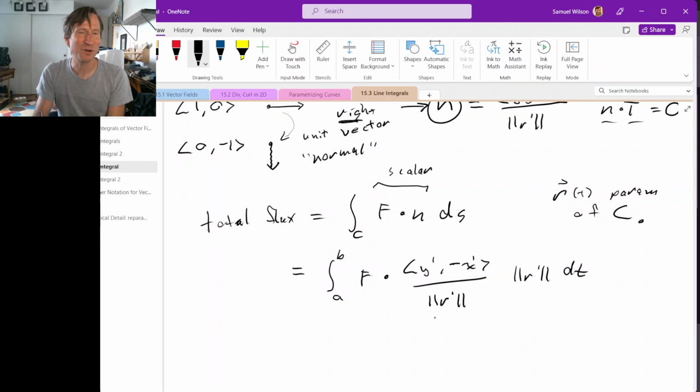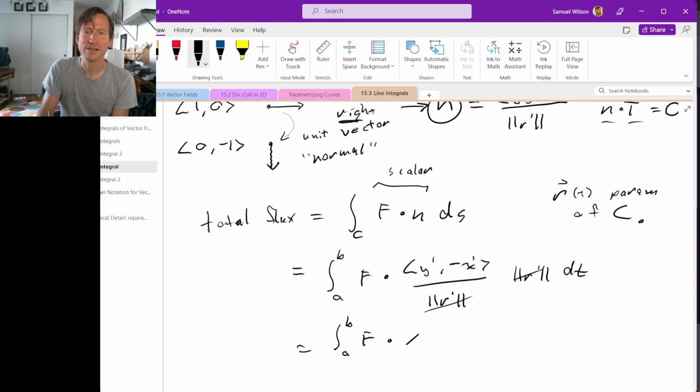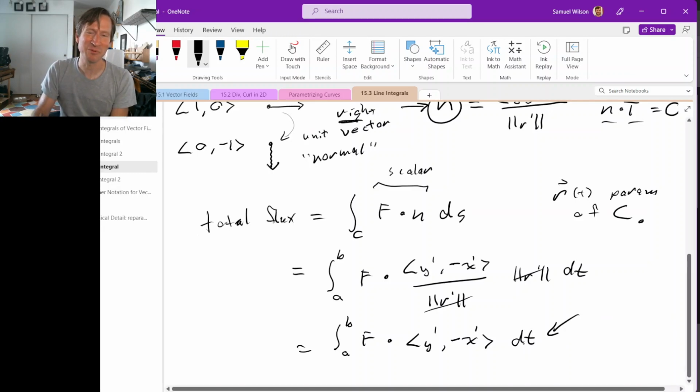Well, just like when we invented the flow integral, this inconvenient magnitude of r prime now cancels, and we get the integral from a to b of f dot y prime comma minus x prime dt. So when we actually calculate a flux, we will use this parametric form of the integral.